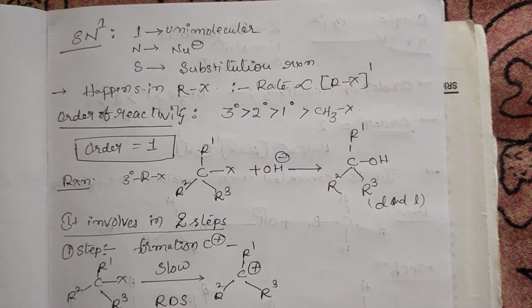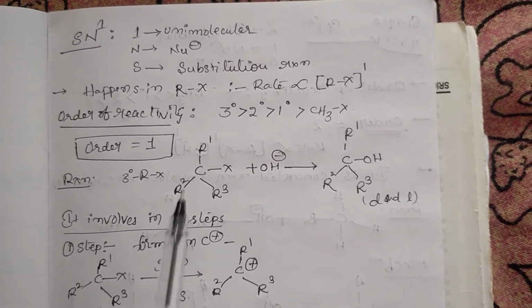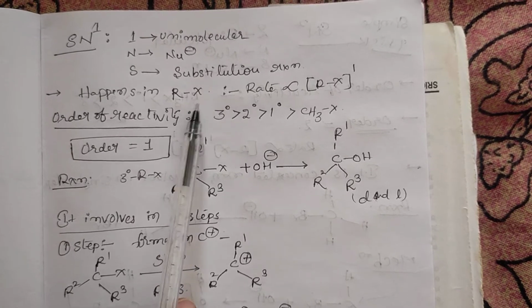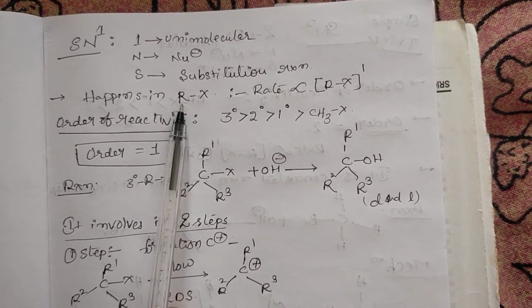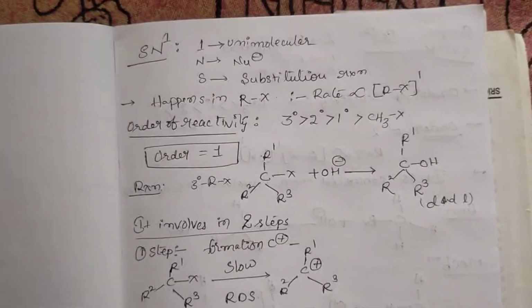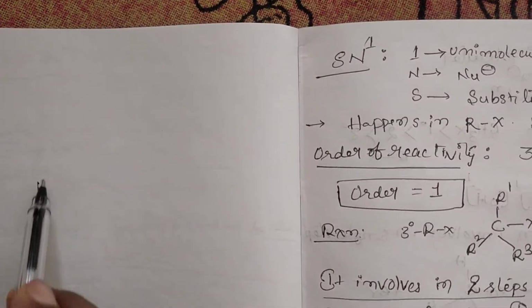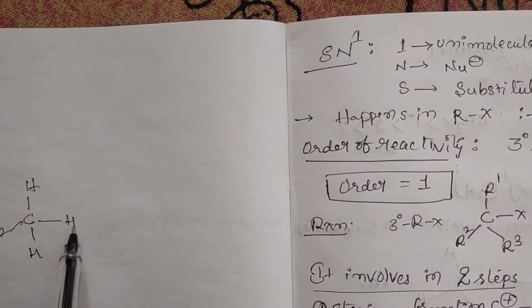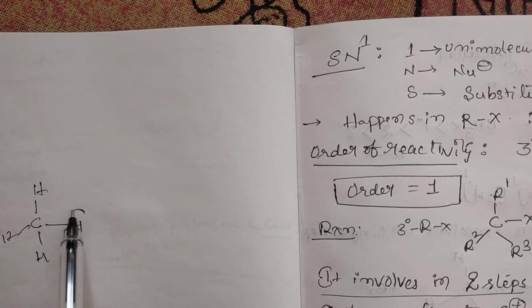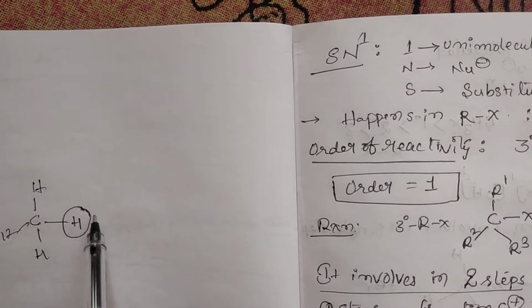What is an alkyl halide? A halogen is attached to an alkyl group, right? Suppose there is an alkane. In alkanes, carbons and hydrogens are there, right? In general, a hydrogen is replaced by a halogen.